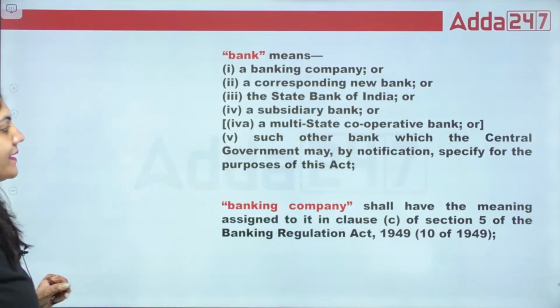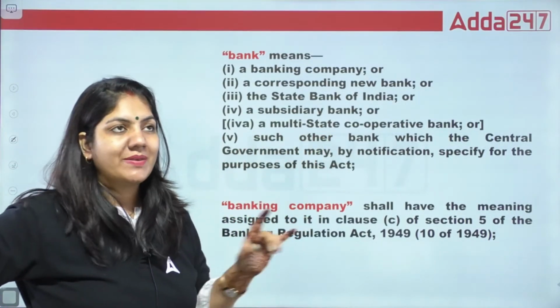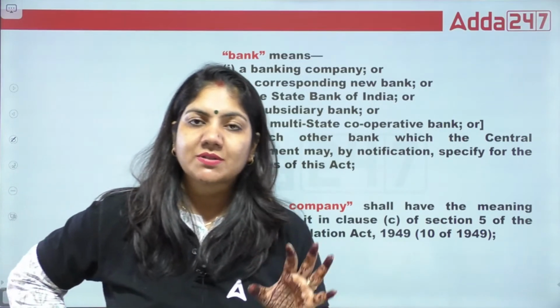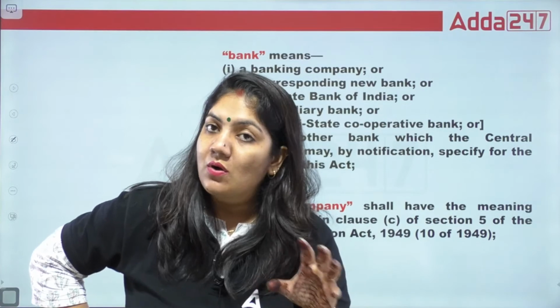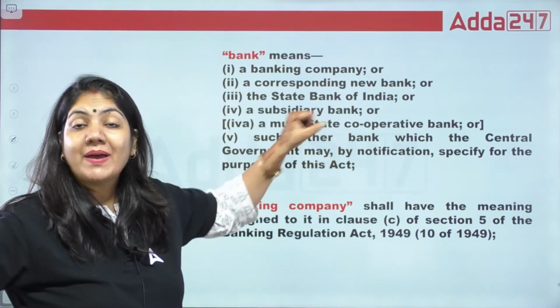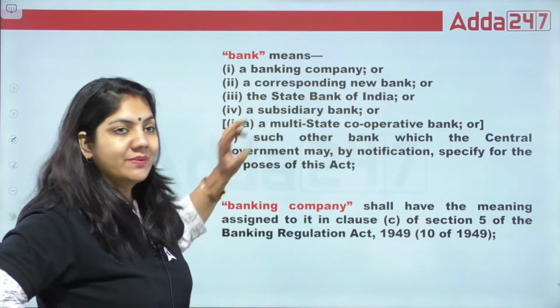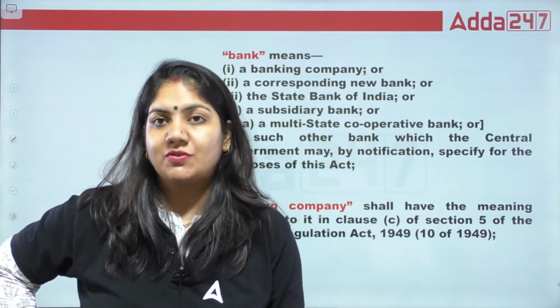Now, what is bank? You can easily see that in your BRBL, 70 plus questions come in the form of one-liners. So you can assume what kind of questions can be made from the definition of bank. Suppose there will be 4 options and you have to tick mark which word is under the definition of bank.